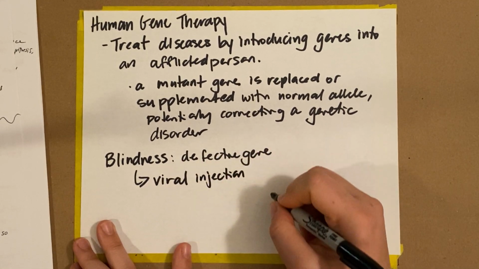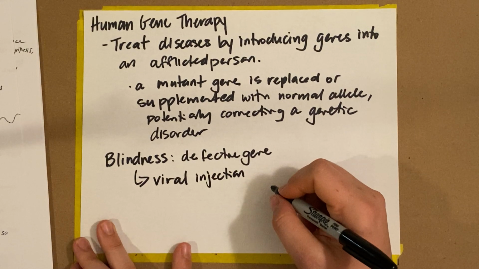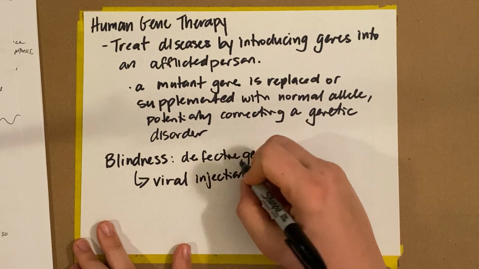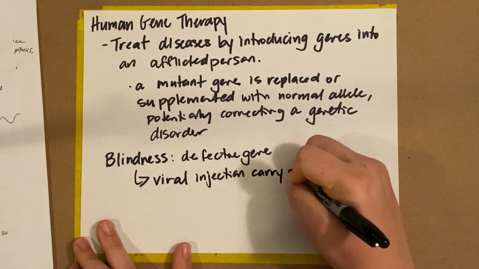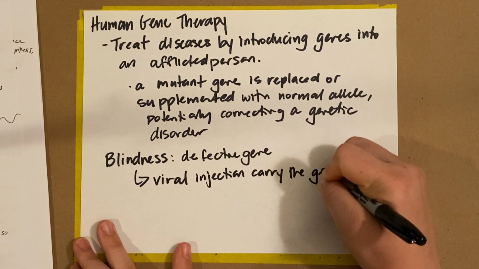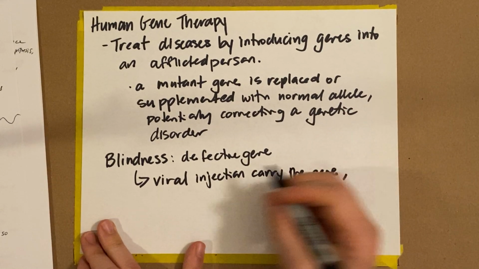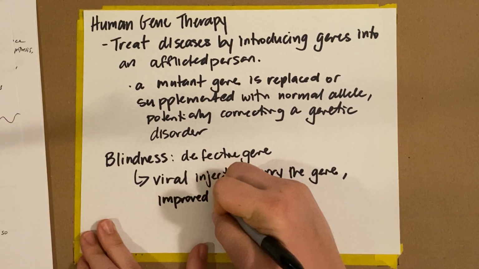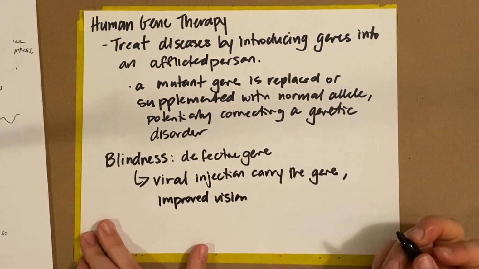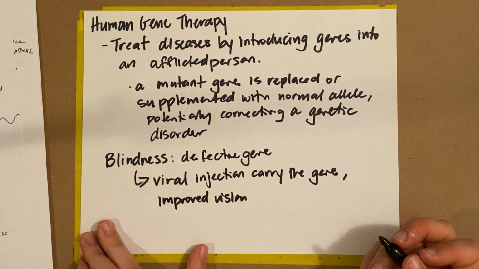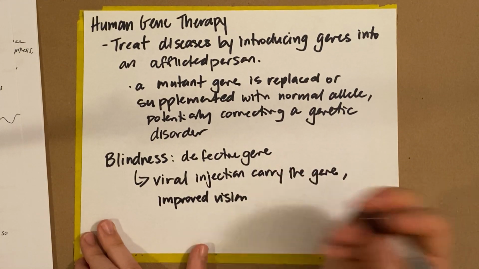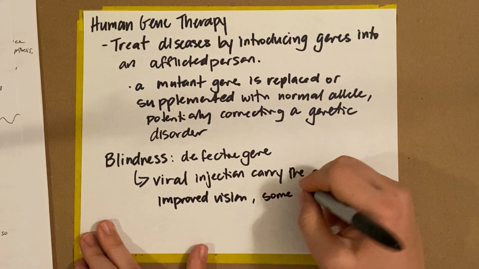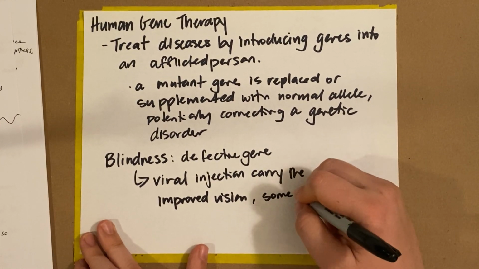Okay, and if you remember, viruses will often insert their DNA into your DNA, and so it can actually carry the gene. Many people that had this had improved vision. I'm pretty sure they have to inject this directly into your eyeball, if I am correct, but I think it'd be worth it if you had this disease. And sometimes it made individuals have almost normal vision.